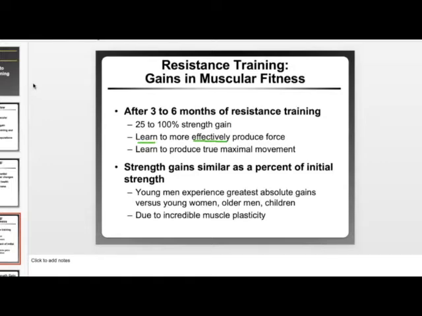So one way to increase strength is by muscle mass itself, right? By increasing muscle mass, by increasing the amount of actin and myosin. But another way to increase your strength gains is through technique.